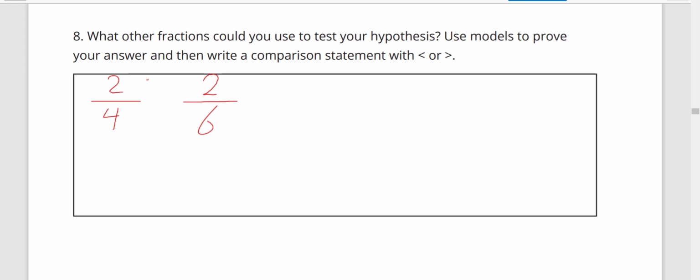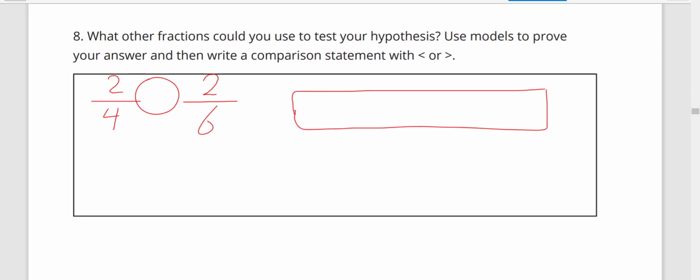Represent these two fractions in these models.